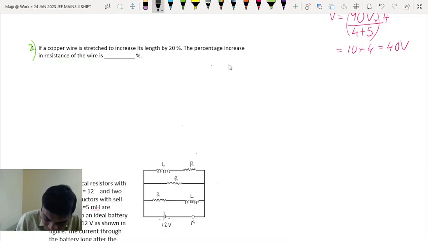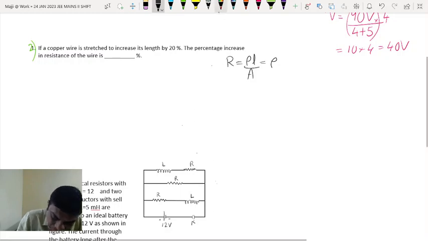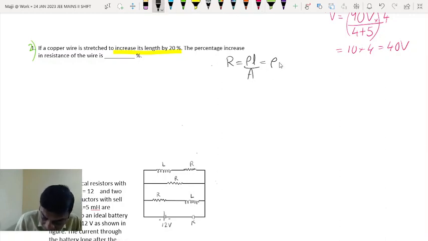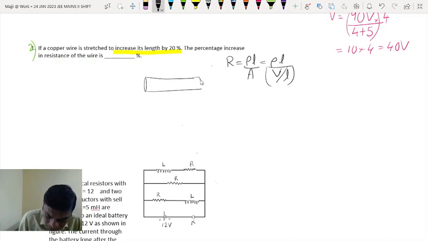Now you see, resistance of a prismoidal structure is rho L by A, and here we have been given that the increase in length is 20%. So basically we have been informed about the change in length. So we can replace area as volume upon length, because for a prism we all know that the volume is length into cross sectional area.